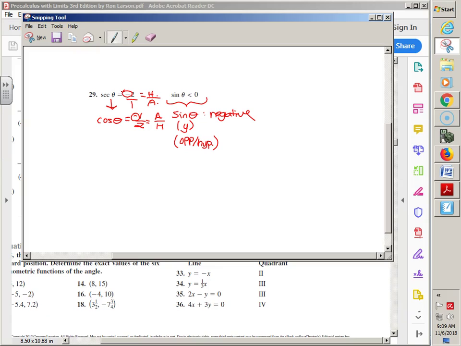But hold on. Let's just try to figure out where this triangle is. Secant, which is built on cosine, has to do with x's, or you can think has to do with adjacents over hypotenuses. Okay. In what quadrants are x's negative, or are the adjacents going to be negative? Yeah, second and third.